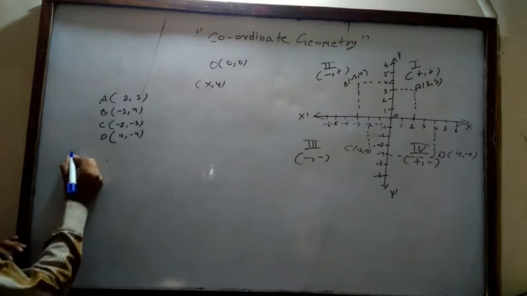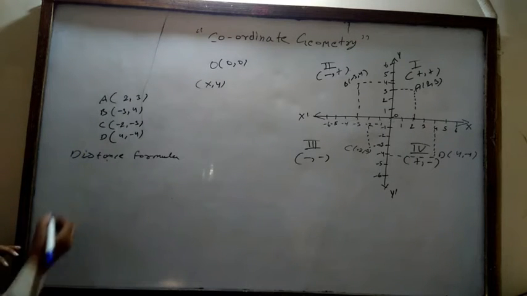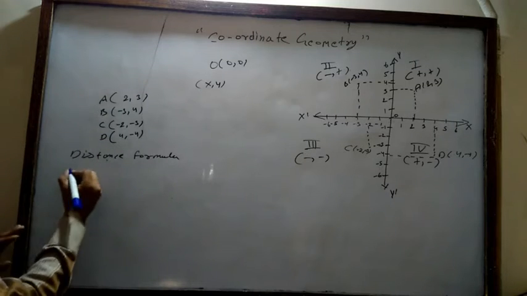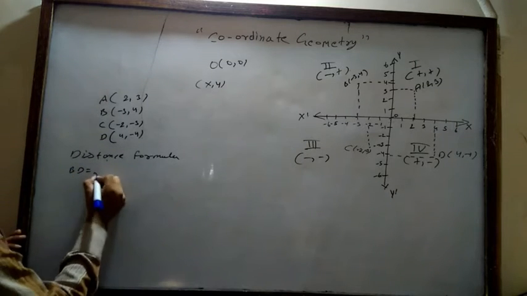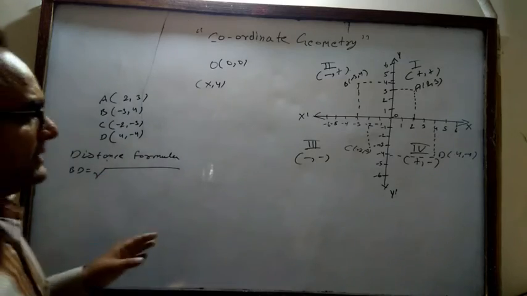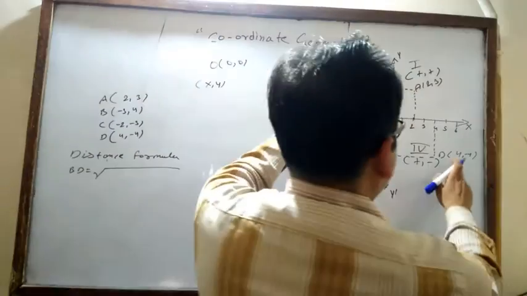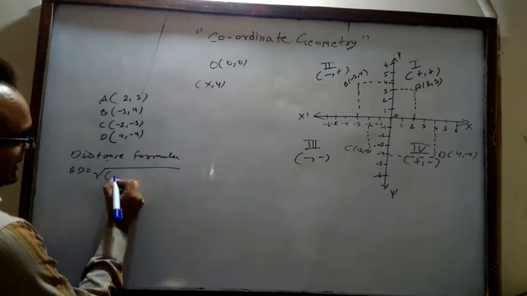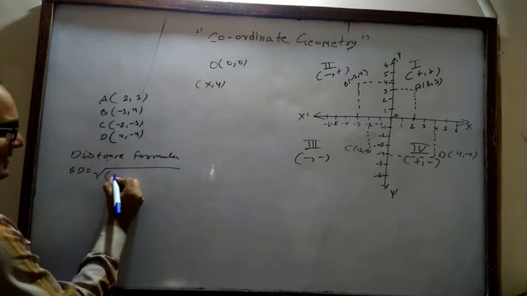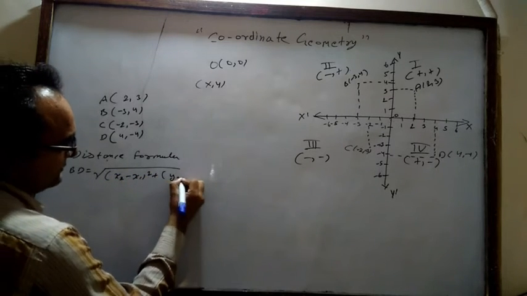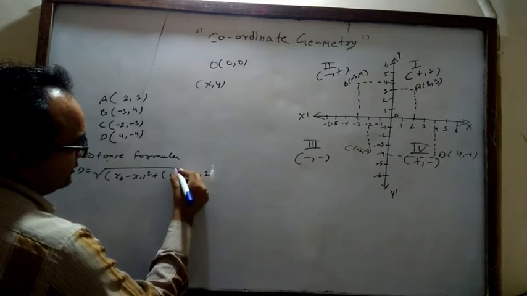The second question is: how can we find the distance between two points? By using the distance formula. We will take the two points b and d and find the distance between b and d. According to the distance formula, the distance is the square root of (x2 minus x1) whole square plus (y2 minus y1) whole square.